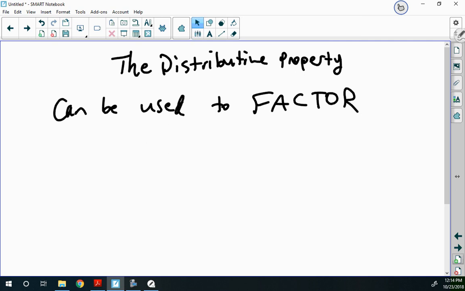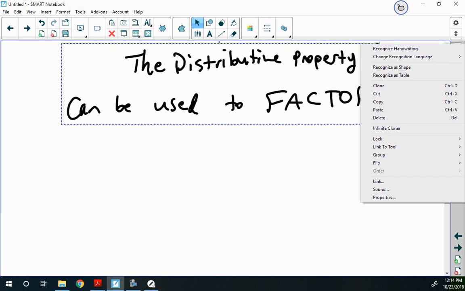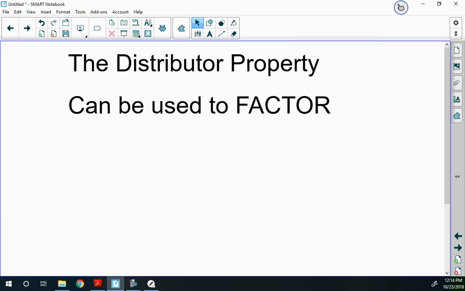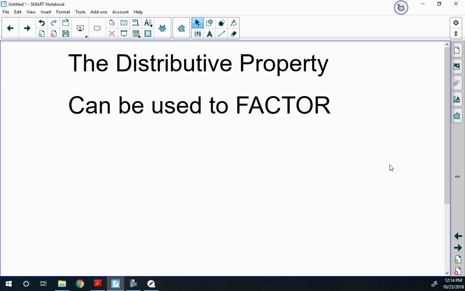A lot of people in math think that factoring, that's the F word. It is an F word, factoring. But the distributive property can be used to factor.